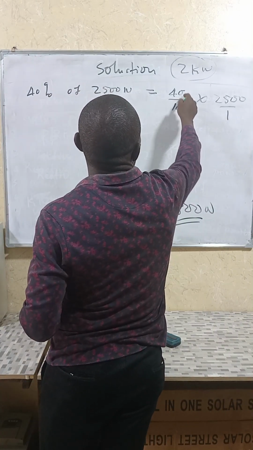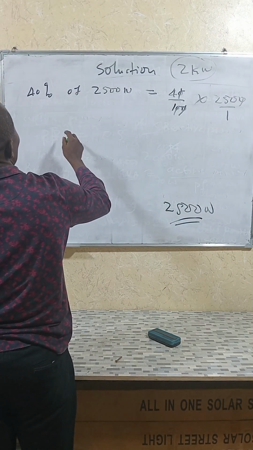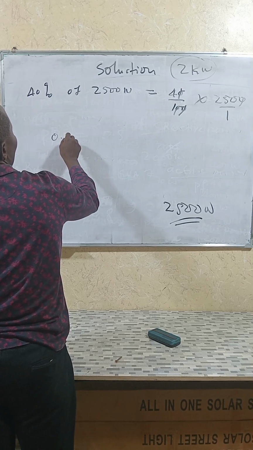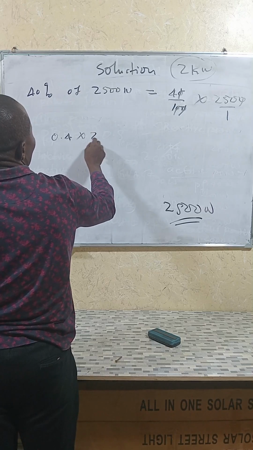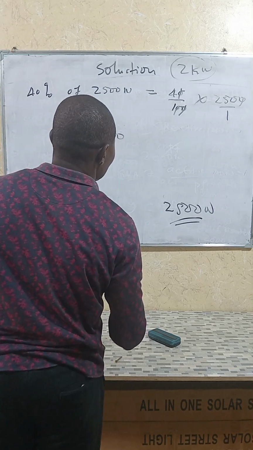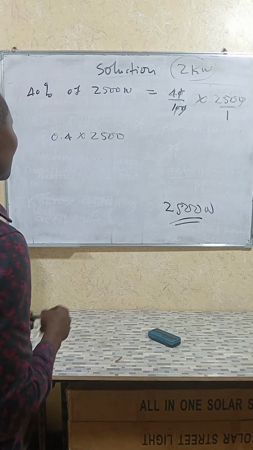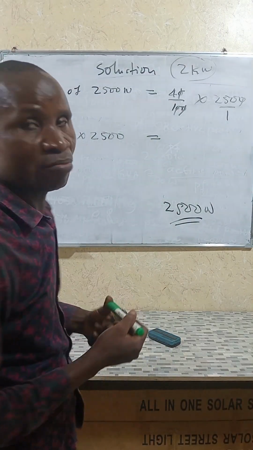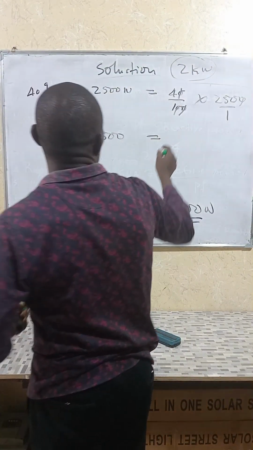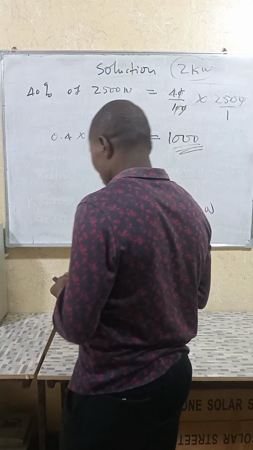That is to say, we have 0.4 times 2,500, which gives us 1,000. So we have 1,000 as the 40%.